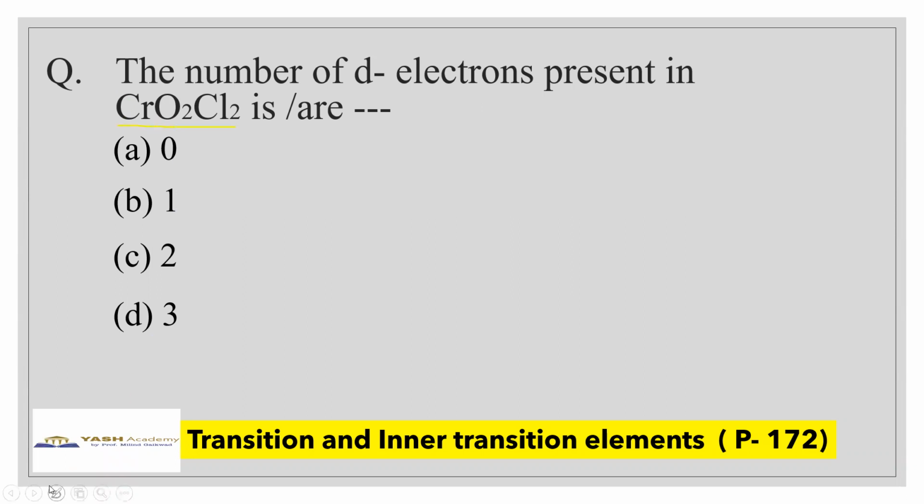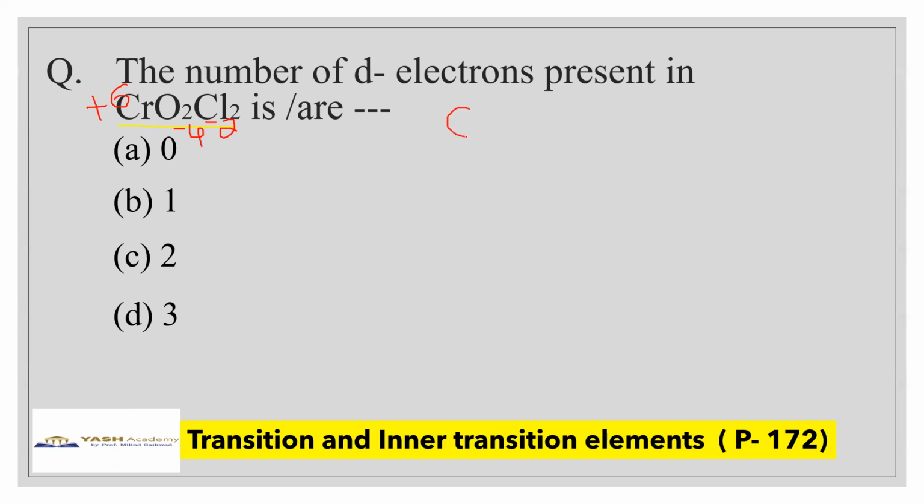Now here, first of all, you have to calculate the oxidation number. Cl is -1, so total -2, oxygen total -4, so total -6. So the oxidation state of Cr is +6 in this chromyl chloride.